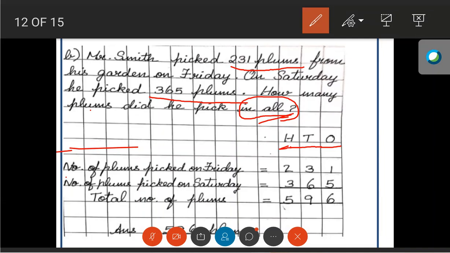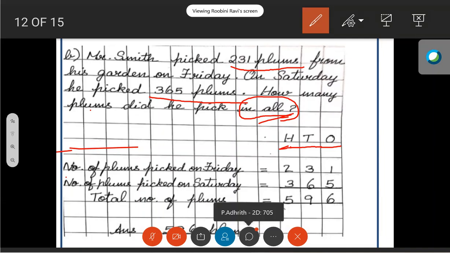So first the ones place value. 1 plus 5. 1 plus 5 means the successor of 5. The successor is the next number, 6. So 1 plus 5 is equal to 6. And then 3 plus 6. Here they forgot to mention the plus sign. Don't forget to mention the plus sign.